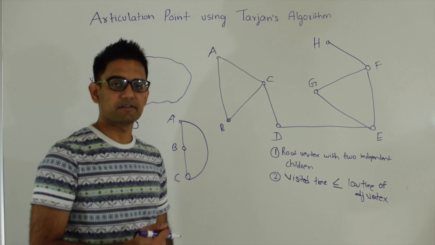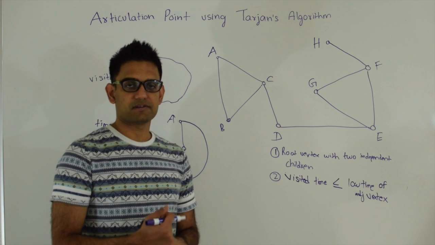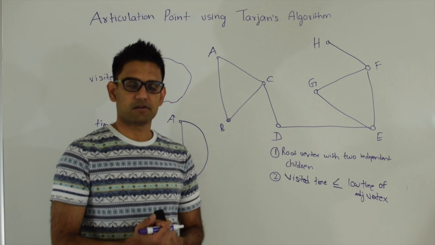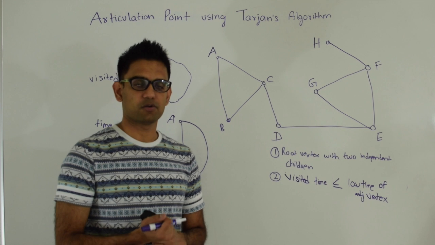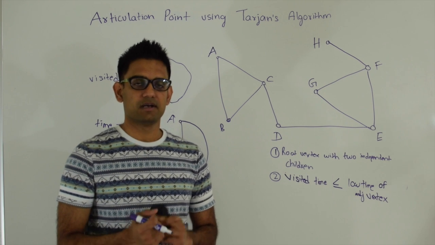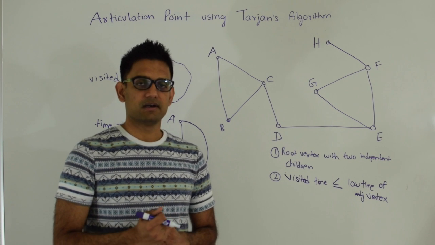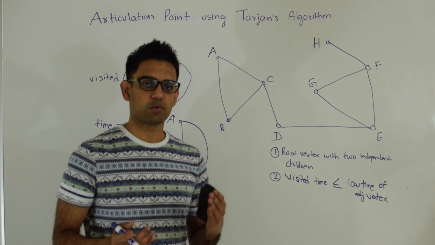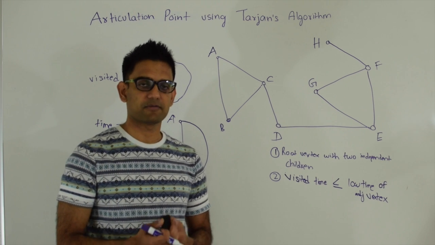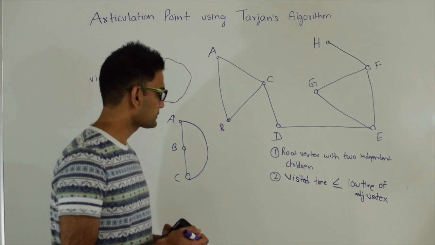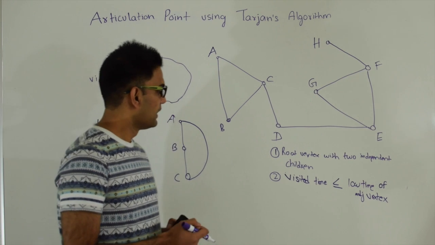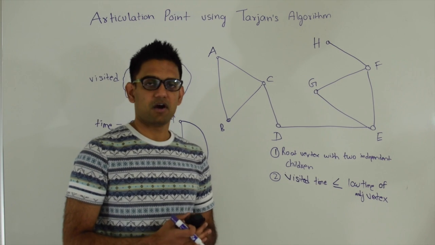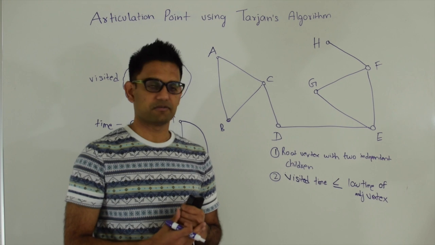One for storing the visited time of a vertex. Second is the low time of a vertex. Low time of a vertex is the minimum of all the visited times of all the adjacent vertices which are reachable from a given vertex in the DFS traversal. And third is the parent of a given vertex in the DFS traversal.